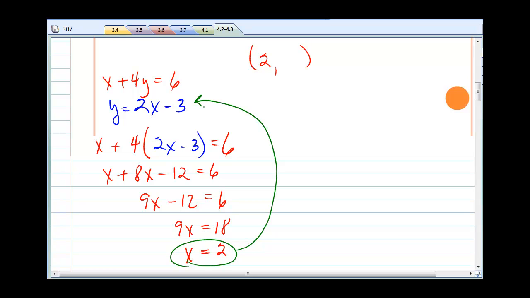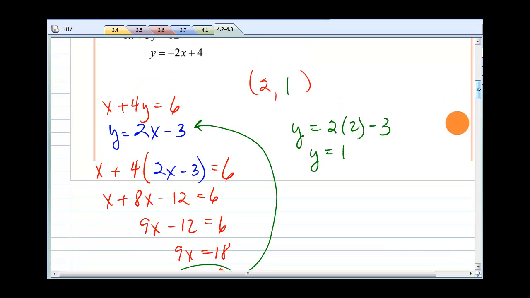It doesn't matter which one I choose. I'm going to choose y is equal to 2x minus 3. So I get 2 times 2 minus 3, and I find out that y is actually equal to 1. So the solution to my system is the ordered pair (2, 1).